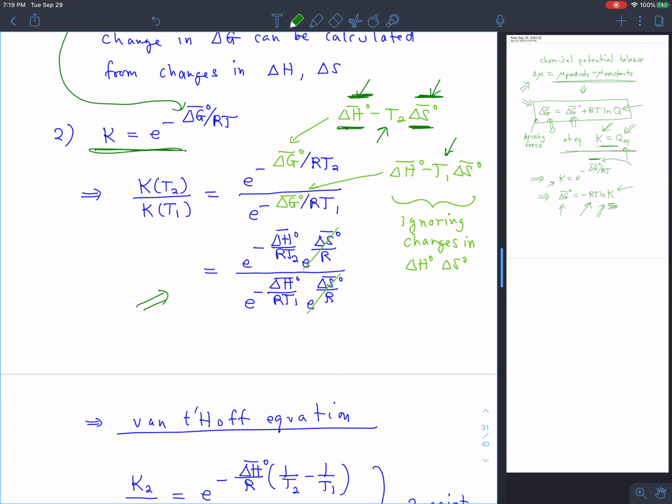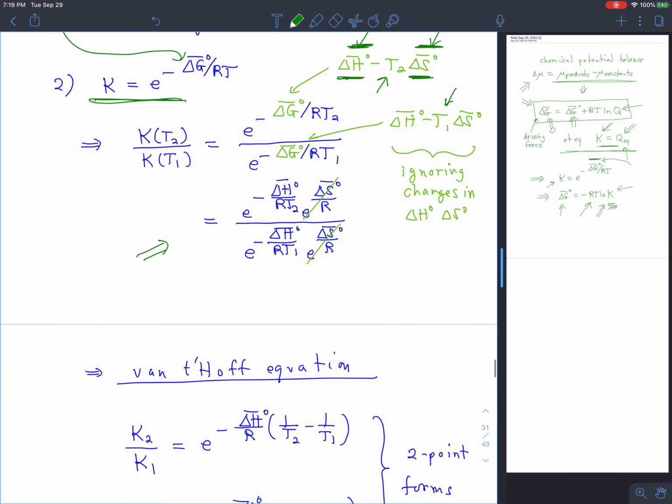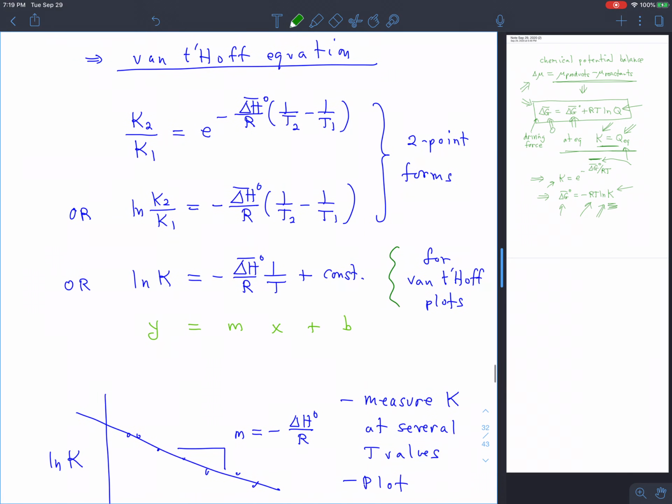And then you've got a more complicated result that you've got to work with. We can talk about that if people are interested, but it comes up rarely enough that you don't normally encounter it. So these relationships are only good for about a 50-degree temperature range.